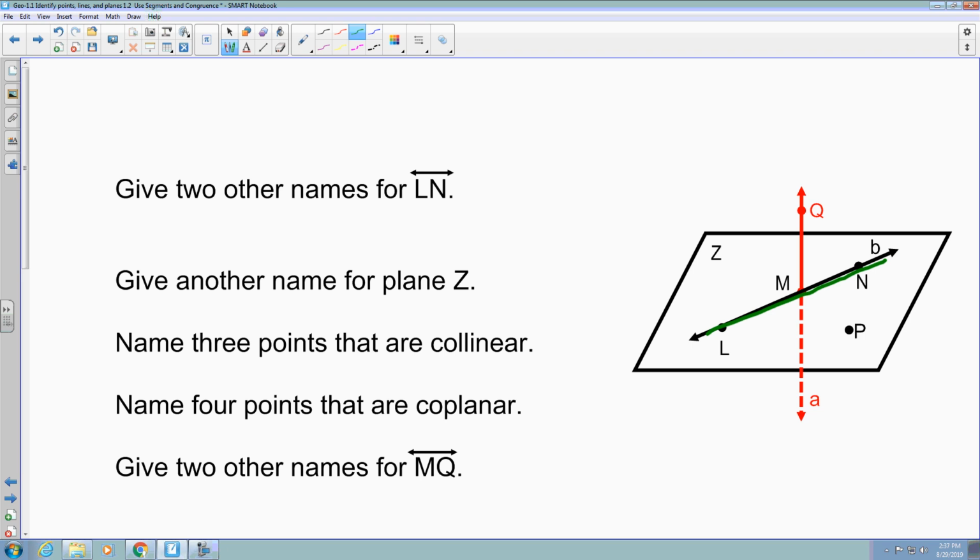So I can call that line B. That's one name to it. L, M, and N are all collinear, so M is part of that line, so you could also call this line LM. Another name you could also call it is line MN.